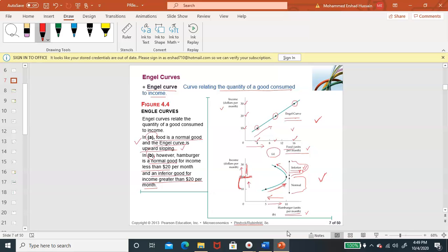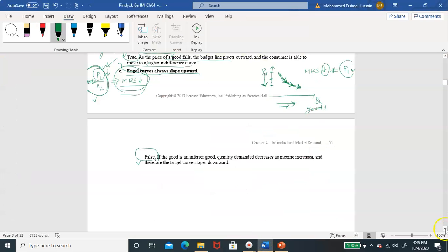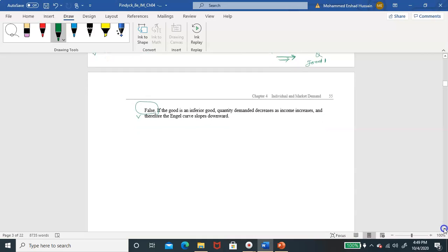But when income increases from 20 to 30, he will cut down on his consumption. Look at the hamburger, it is going backward. As income increases, he will consume less. So this is why it is false.